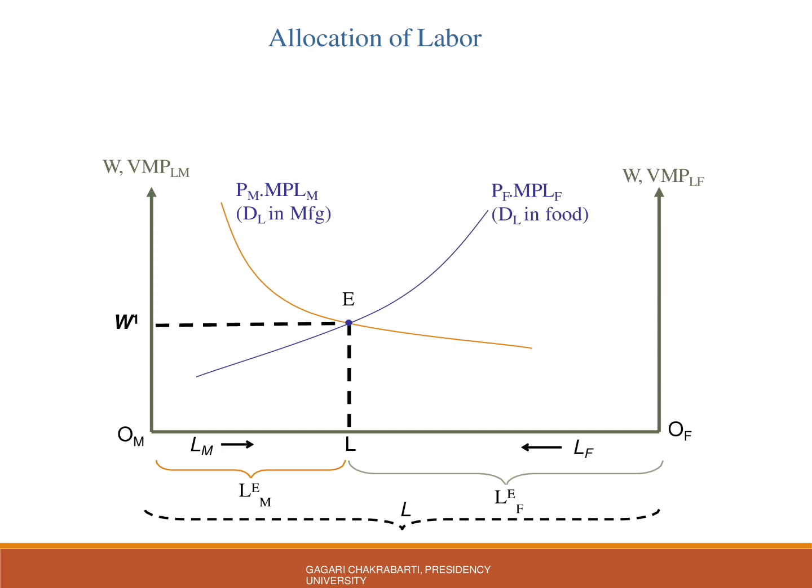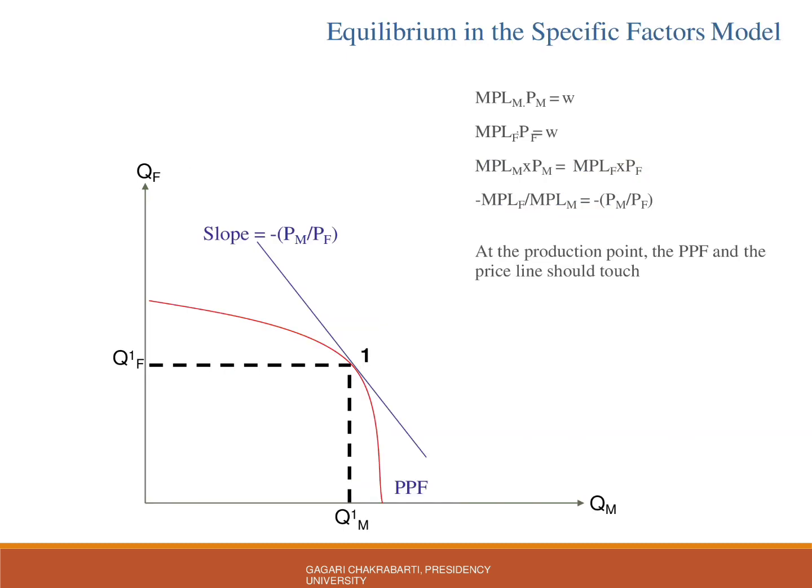With this employment of labor in the manufacturing and in the food sector, we can find out on the PPF exactly at which point the country is producing, so that you can find out the exact production point even from this diagram. Now we move on to consideration of price in the specific factors model, and let us derive the equilibrium more formally.